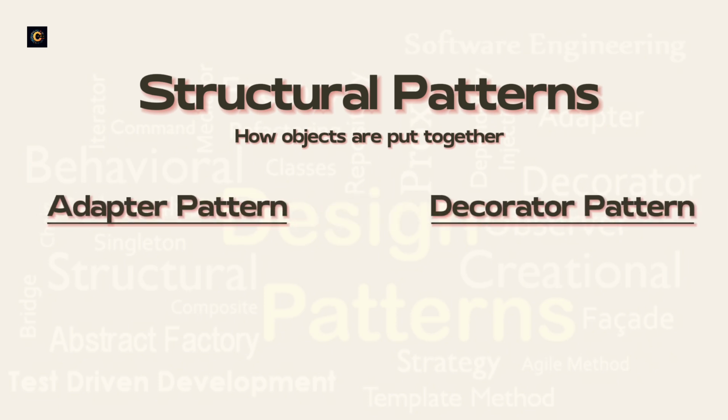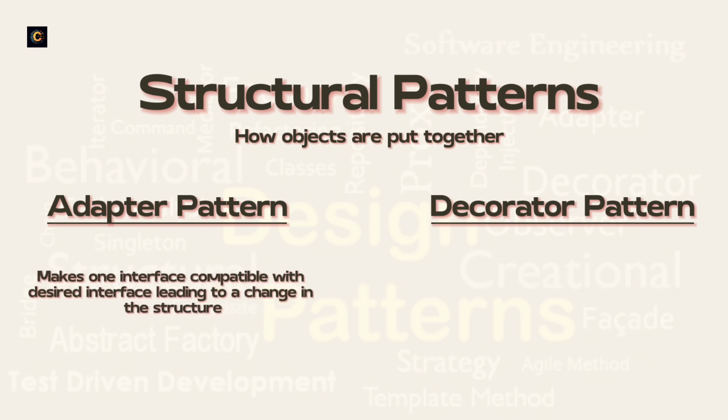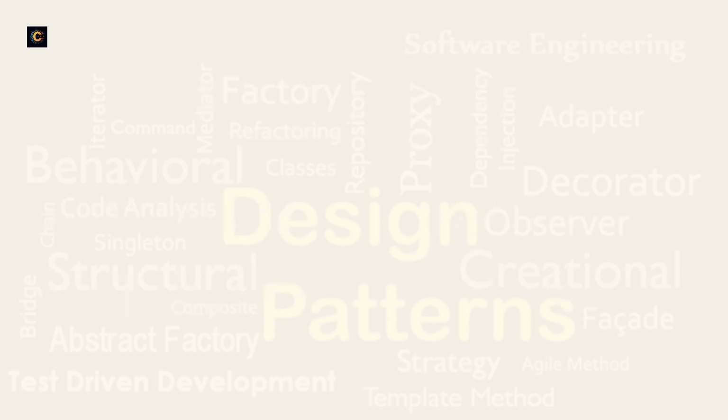Now, why do adapter and decorator pattern come under this structural category? It is because adapter pattern tries to fit two different interfaces into one, hence making a change in the structure. And the decorator pattern also keeps on adding small changes to the base design.